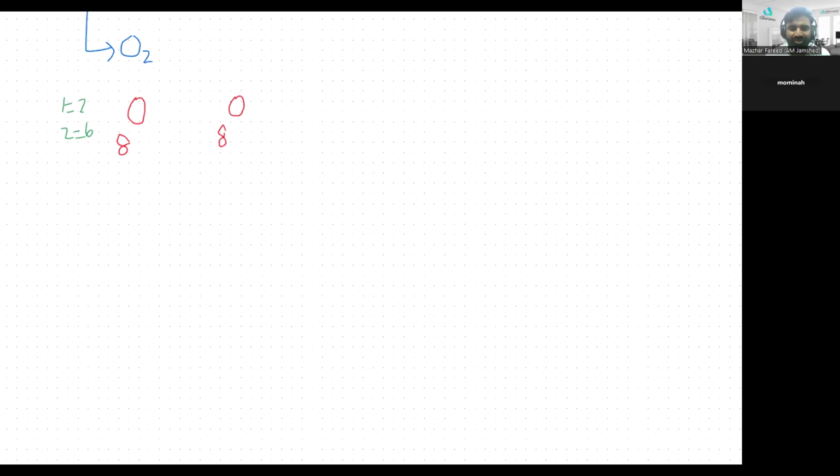Now you have to write the electrons of oxygen. You write one oxygen atom with dots. You need to write 6 electrons. And with the other oxygen, you write their electrons with a cross.